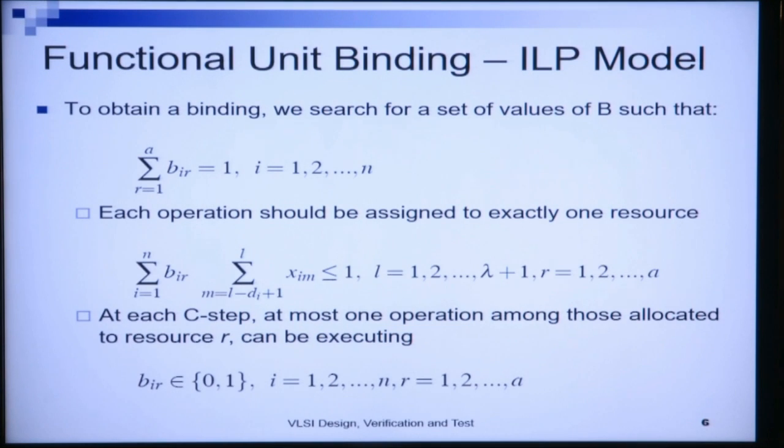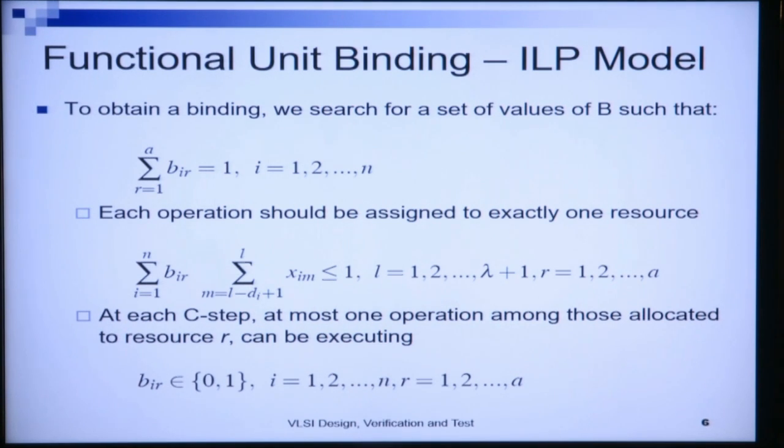Now, there cannot be two operations at a given time that are bound to resource r and are both executing, and hence the multiplication of these two terms has to be less than or equal to 1. Therefore, we get what we want: at each C step, at most one operation among those allocated to resource r can be executing.